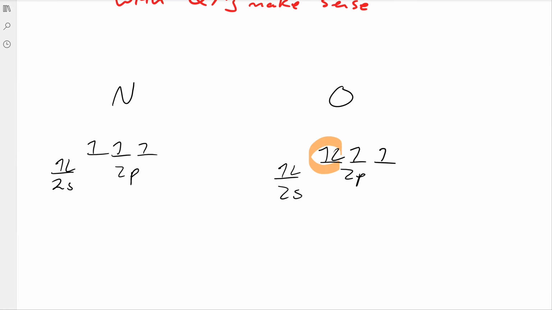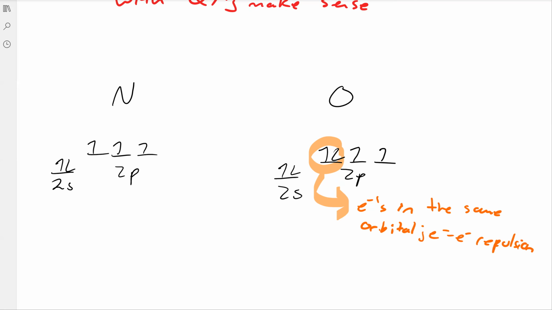So what we can see here is in the oxygen, we had to start pairing the electrons. So we've got electrons in the same orbital. And electrons repel one another, right? They're the same charge. So there's electron-electron repulsion. And so they don't want to be in the same orbital as much as you may think. And since they're repelling one another, they're easier to remove.